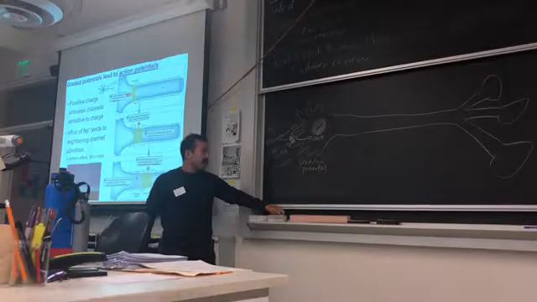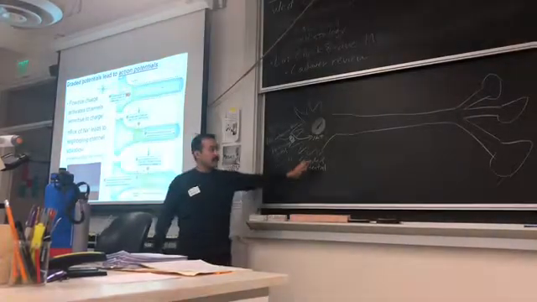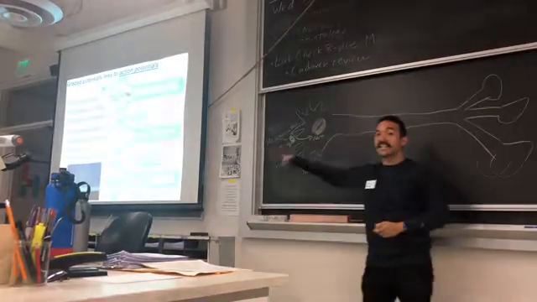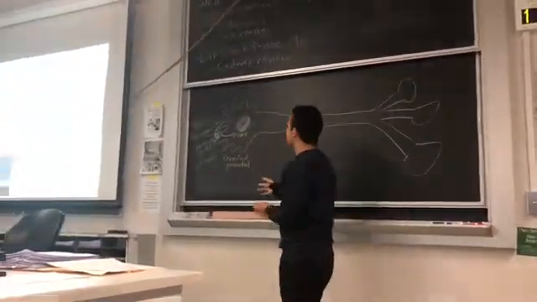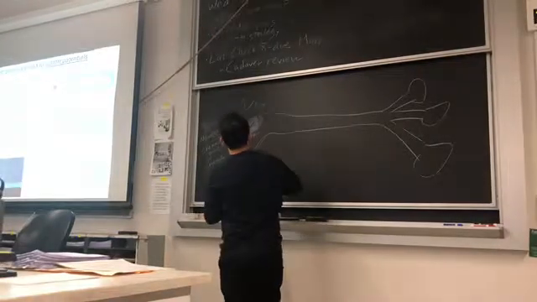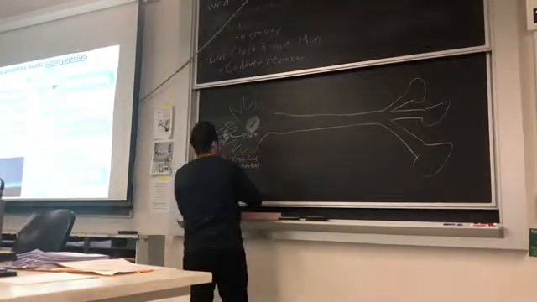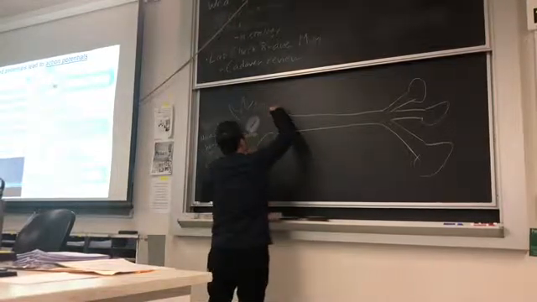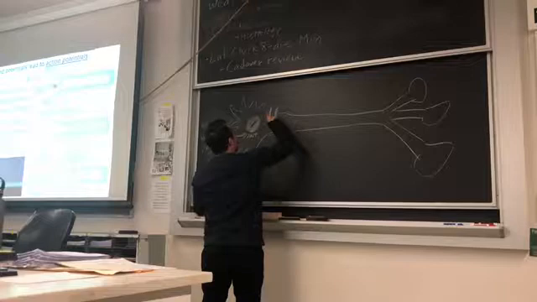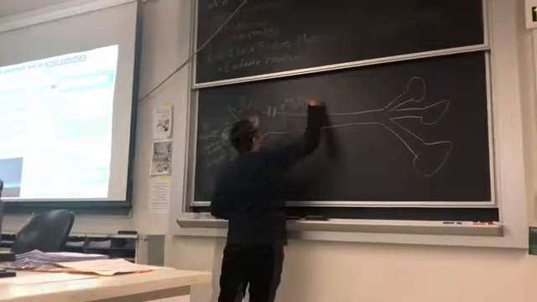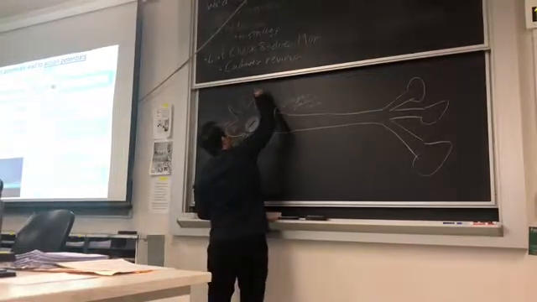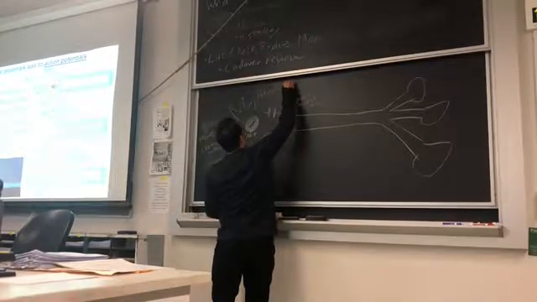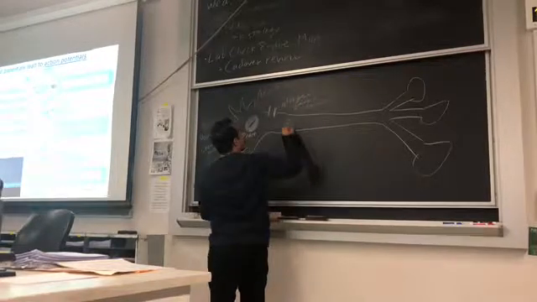What differs about the axon hillock and the rest of the axon is that we don't have these chemically gated channels. We have voltage gated channels. Starting at the axon hillock all the way down the axon, we have voltage gated channels.